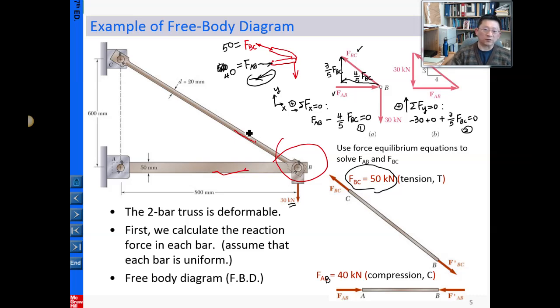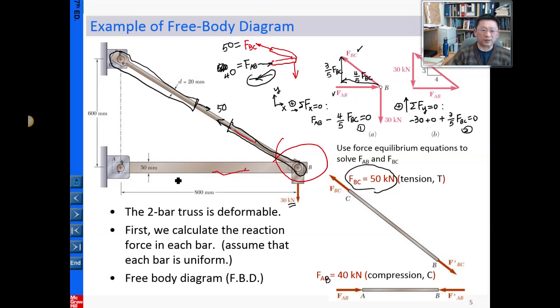In this way, if you make a free body diagram, for example, if you select a cross section here and choose this portion on this cross section, the force should be equal to 50, pointing in that direction. If you choose this as your free body diagram, then the force is equal to 50 in that direction. Because of action and reaction, on the two opposite sides of the chosen cross section the forces must be opposite.